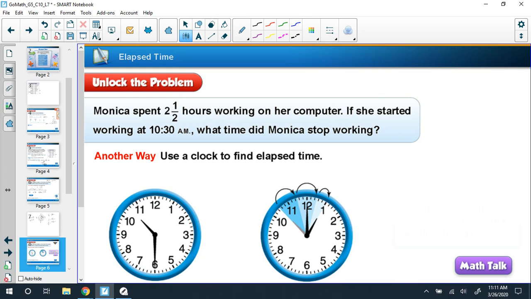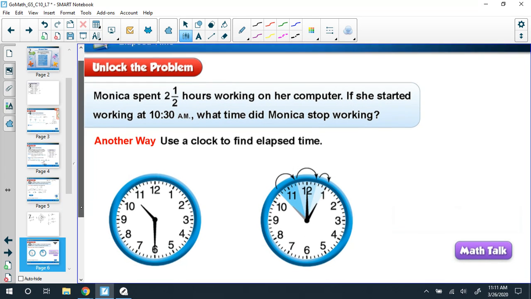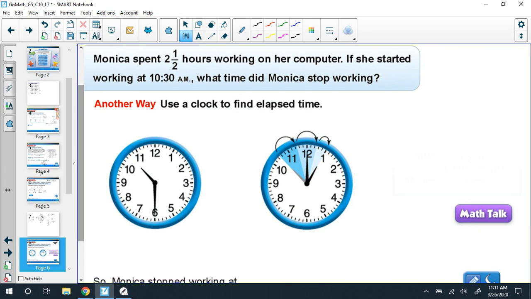Another way that we can do it is instead we can use a clock. And this is the way that I will frequently do it, especially if there's a clock in the room when I'm trying to figure out what time we need to work until. So here we see that the clock on the right is already at 10:30. And we would just count on in the same way that we did on the last one.